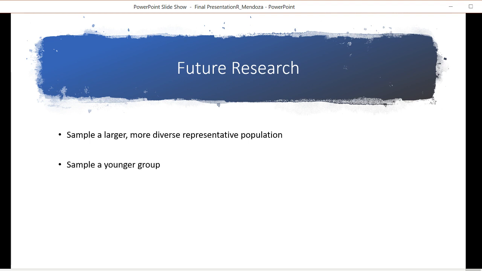Another suggestion would be to use a younger group so that we can find where these neural networks are activated. And a last suggestion is to control for any medications or comorbidity to reduce any further explanations or confounds.